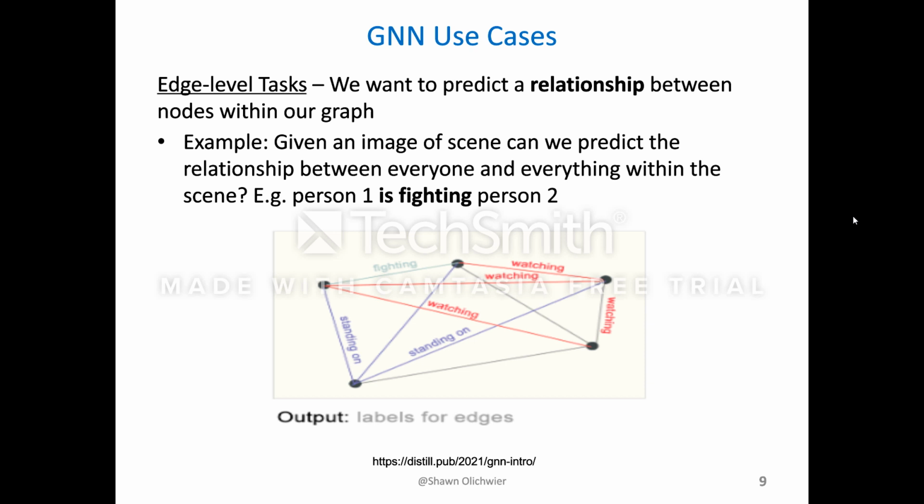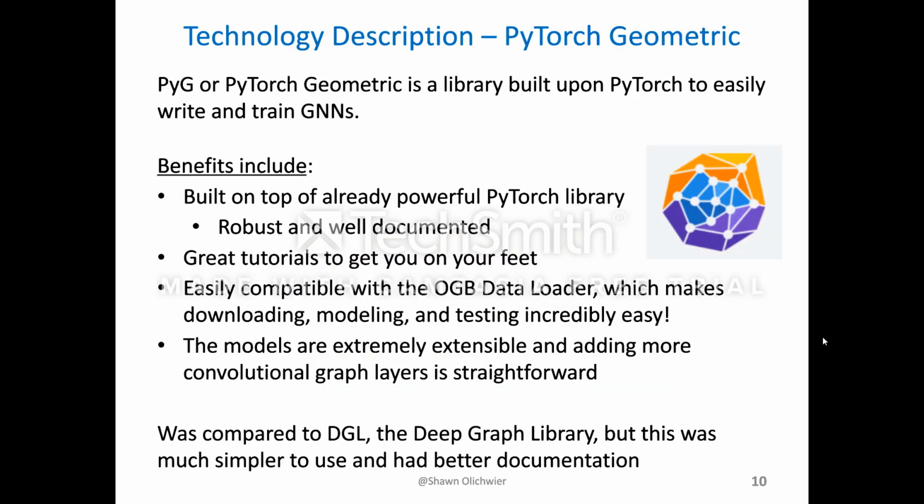The one on the bottom would be the mat, and the other 4 are people. So this node is watching, this node is fighting, this node is standing on this node. We're looking to predict how those nodes actually interact with each other. So some very powerful and unique things that we can do with graphs using graph neural networks.